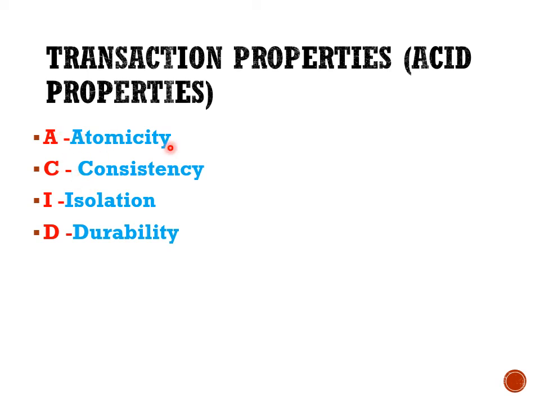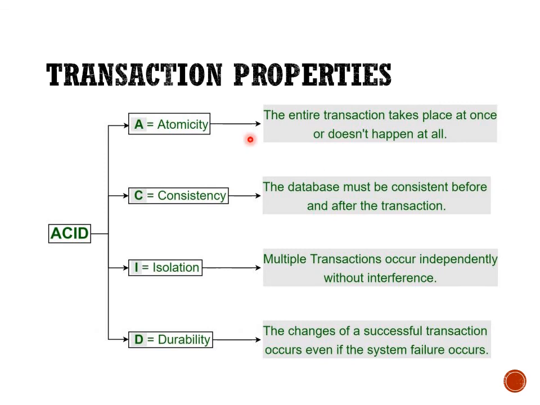A stands for atomicity, C for consistency, then isolation and durability. Atomicity means the entire transaction takes place at once or doesn't happen at all. That means if a transaction happens, it must happen entirely, or not happen at all.